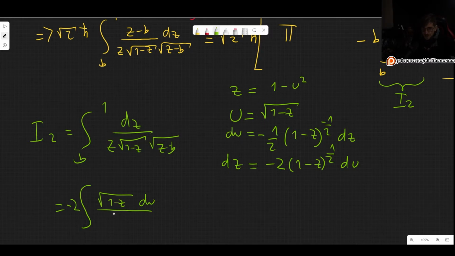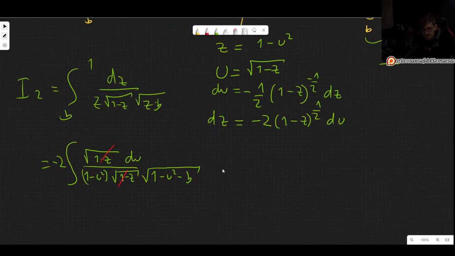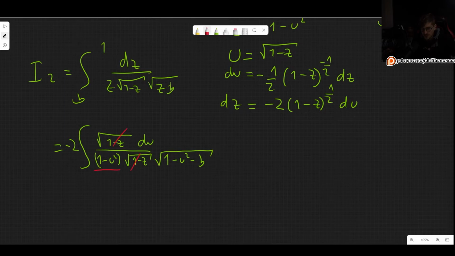So we get 1 minus u squared, and then we have the square root of 1 minus z, and the square root of z minus b, but that is 1 minus u squared minus b. So here, these two things cancel out. But now we don't have the exact same expression as before, because now we have this additional term. So we need to get rid of it.